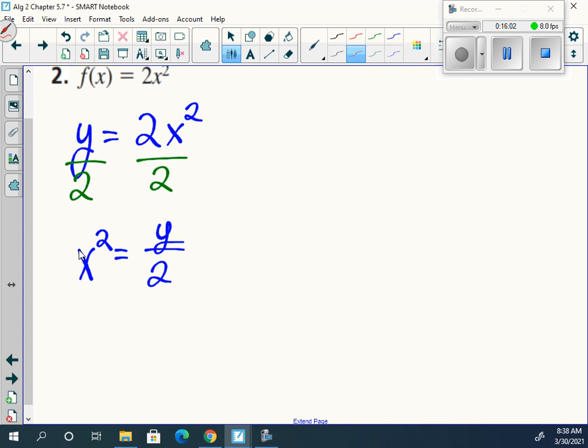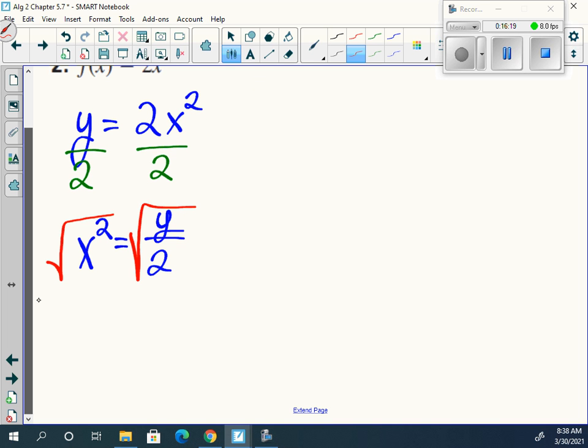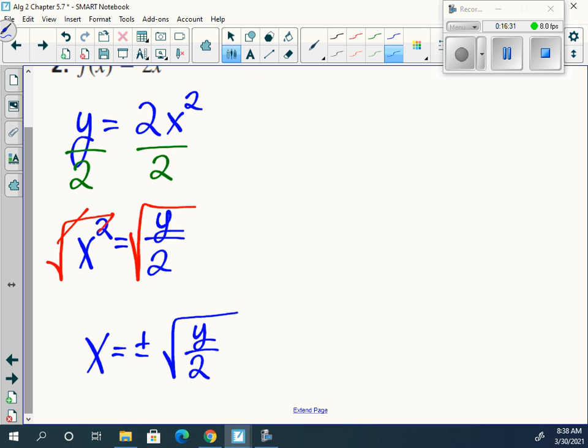Now, what would we need to do next? We do need to get rid of the square because we need x instead of x squared. So to remove a square, we square root both sides. Because a square root and a square will cancel, leaving us with x is equal to plus or minus the square root of y divided by 2.